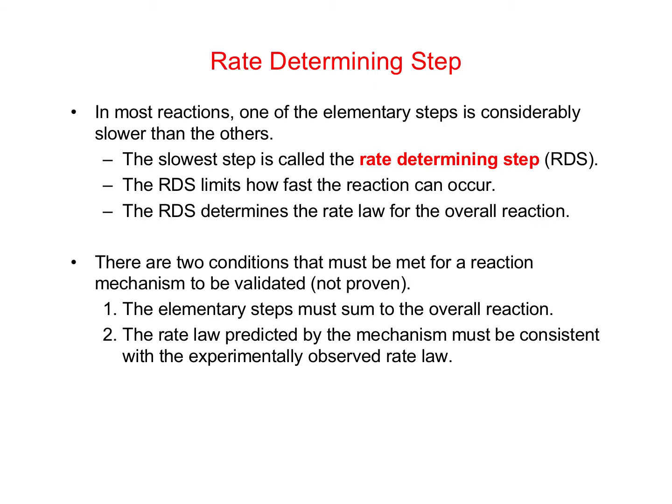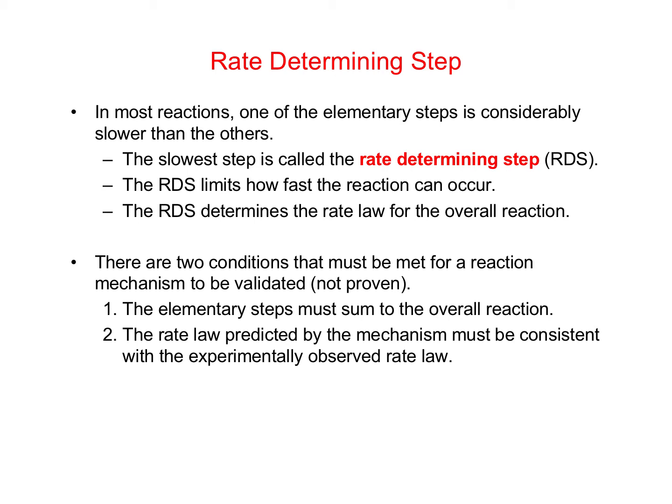Right, so another important concept related to reaction mechanisms is the idea of the rate determining step. And so the analogy I always use when talking about rate determining steps is the colloquialism, a chain is only as strong as its weakest link. Well, the way that relates to reaction mechanisms is that a reaction is only as fast as its slowest step.